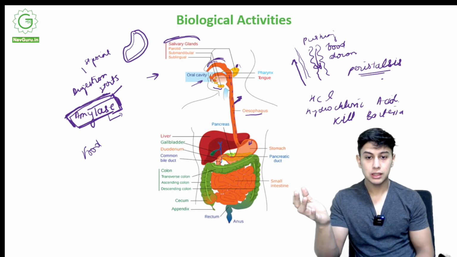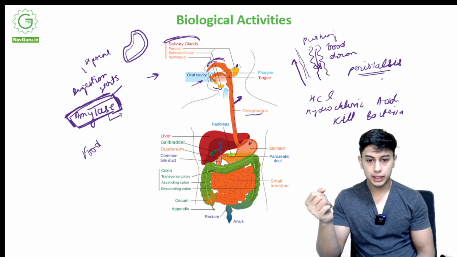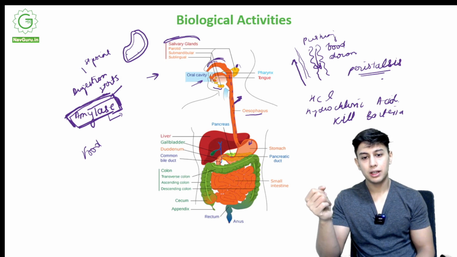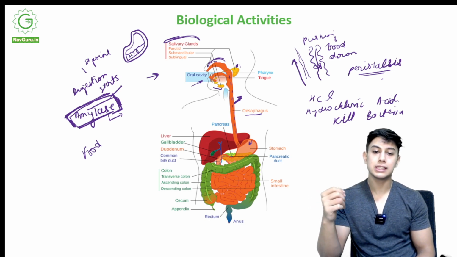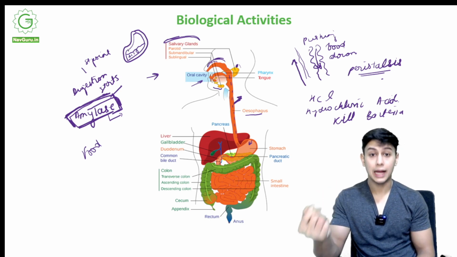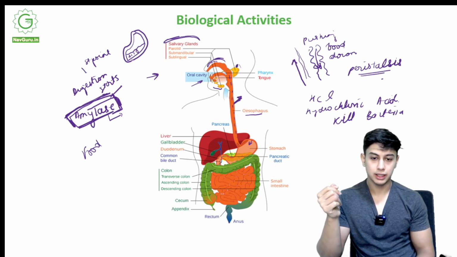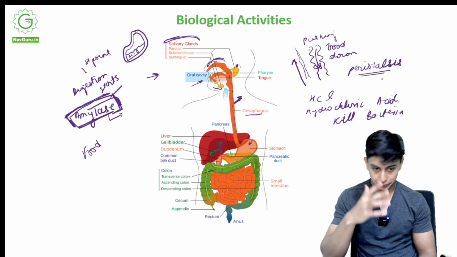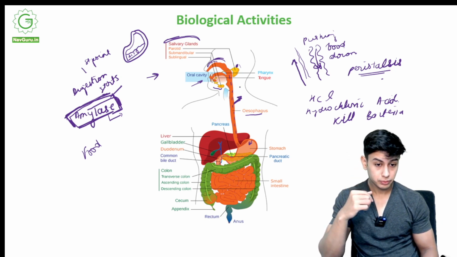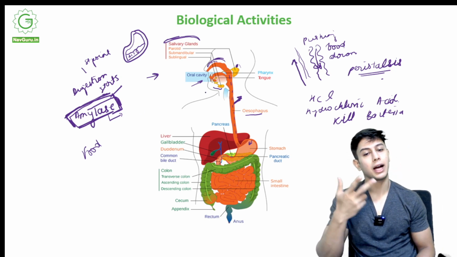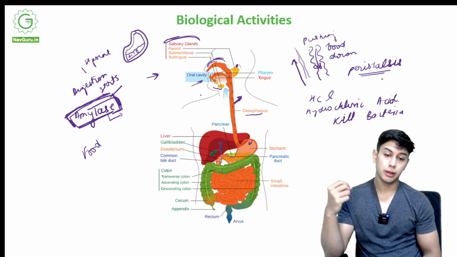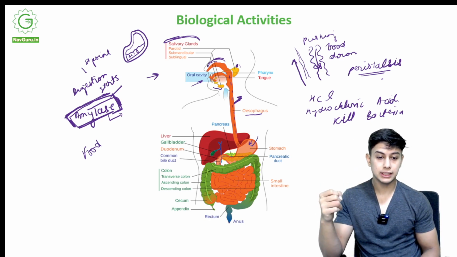It is the layer between us and the acid. If this mucus lining wasn't there, our stomach would be actually burning. But this acid is inside this mucus lining, so we are safe. So the digestive enzymes and the hydrochloric acid are what make digestion inside the stomach possible.